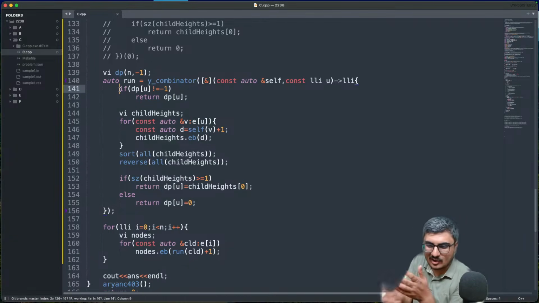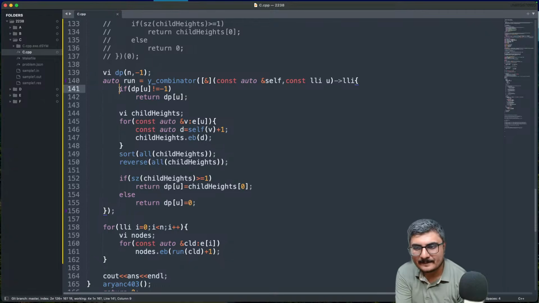You can have a long chain, see, one has child two, two has child three, three has child four, four has child five, and so on, and it will be TLE. Yeah, go back and try your TLE solution again. Just ensure that you put in some memoization like this here, and I believe that would get an AC.